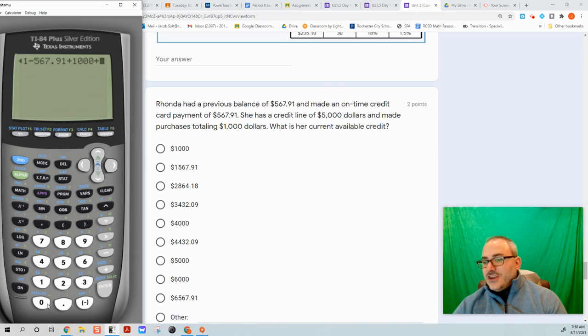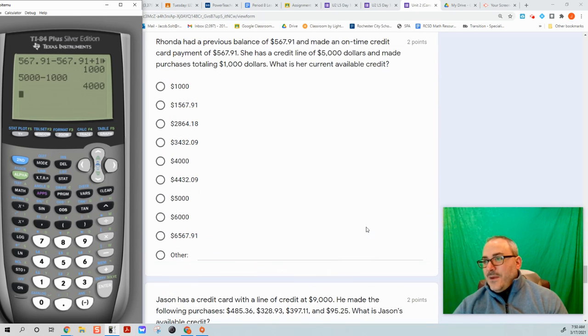It doesn't say there's any finance charge, so add zero. I have to add a late fee, so I add a zero. I don't see a late fee here. Was there anything else? I think that's it. Press enter. $1,000. So now the credit line is 5,000. Subtract the new balance, and we get the available credit, $4,000. That wasn't so hard, really.